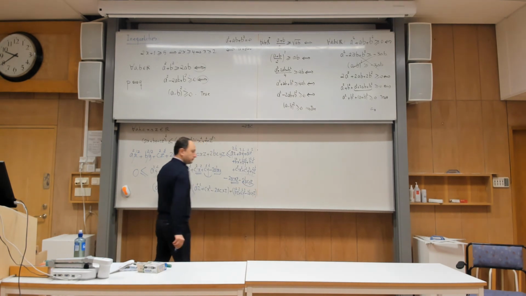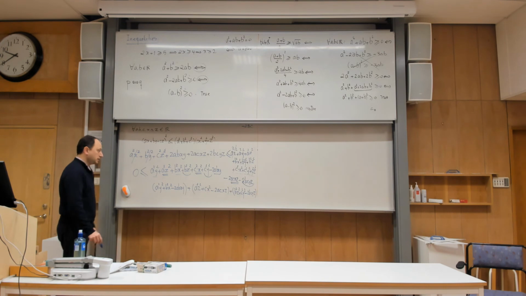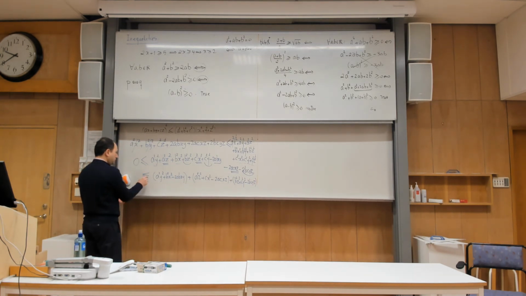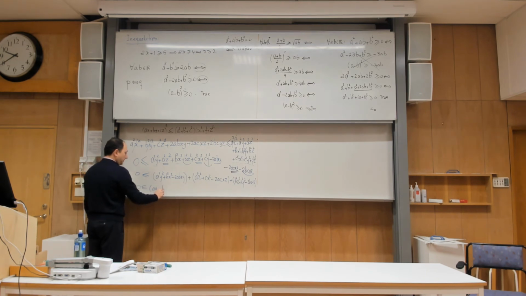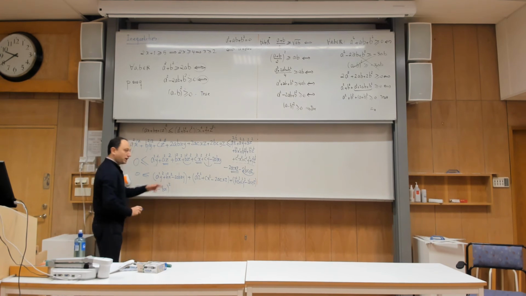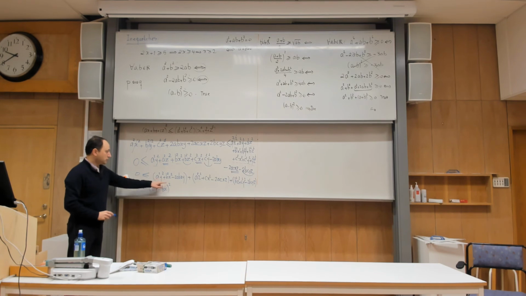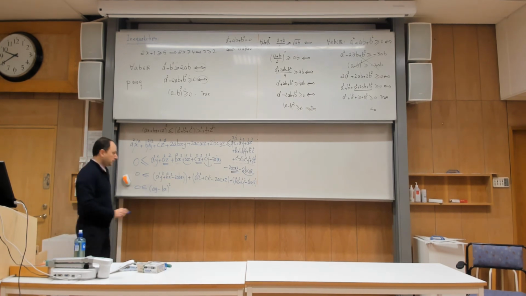So I took care of all the terms, but now if I ask you what this is, this is greater than or equal to 0. Hopefully you understand immediately that this is nothing except this one to power 2. Because this becomes the first one squared, the second one squared, 2 times the first one times the second one, which gives me this one, and the same combination for the others.